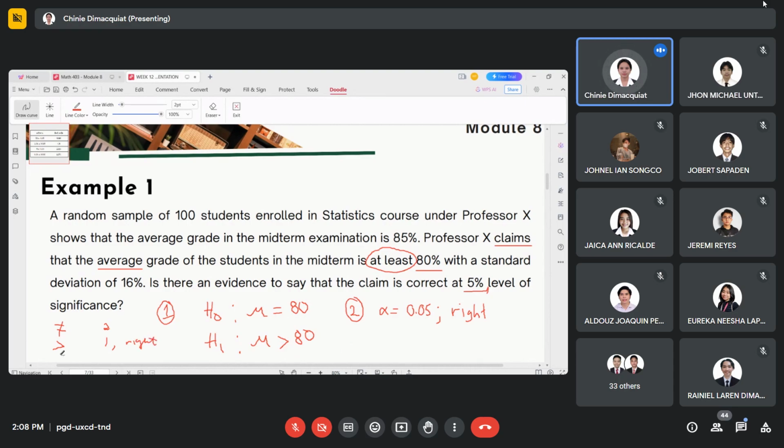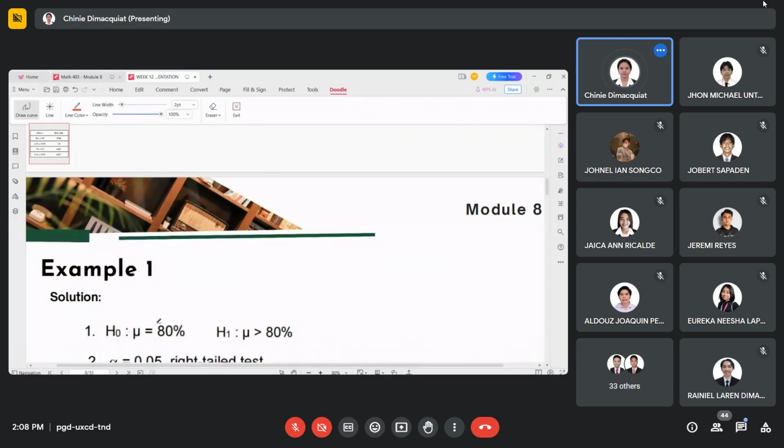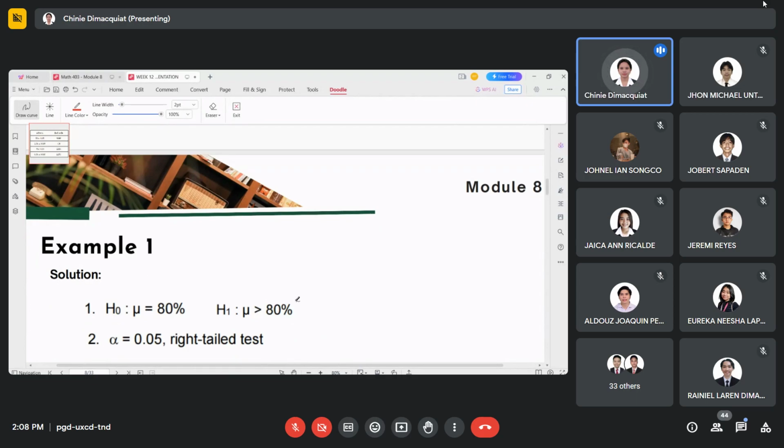If less than, then one-tailed and left. Okay na tayo sa una at pangalawang step. So, pangatlo: mean is equal to 80 as our null, mean is greater than 80 as our alternative, and alpha ay 0.05 and siya ay right-tailed test.